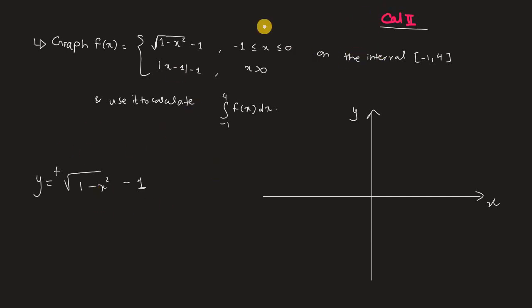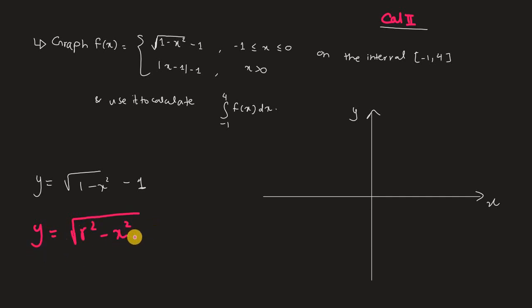You just have to be able to graph it, you have to know the format of the semicircle equation. The equation of the semicircle is written as y equals to the square root of r squared minus x squared, where r is the radius of the circle.